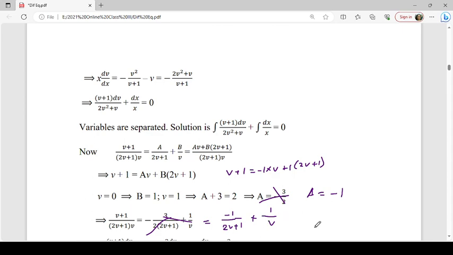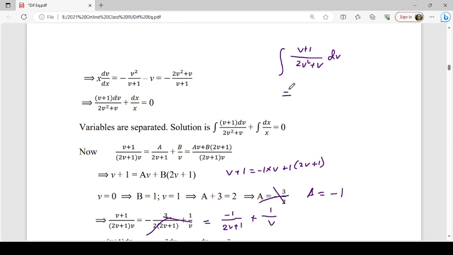So the solution is now the integration of (v plus 1) by (2v square plus v) dv.